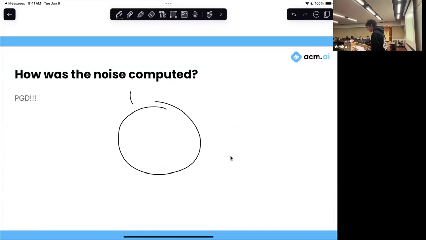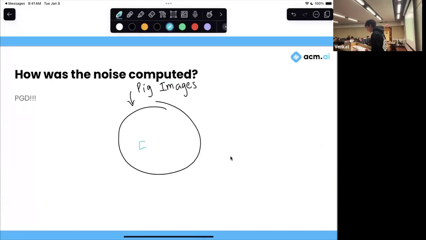This circle, we'll say, is the set of pig images. The first pig image we had is maybe somewhere over here. What we are trying to do is add some amount of noise so that we get to a different image of a pig within this set that now gets classified as an airliner.